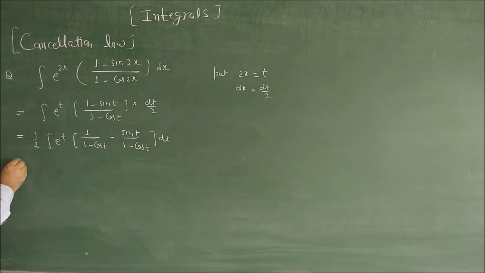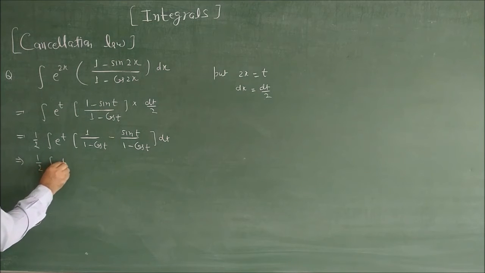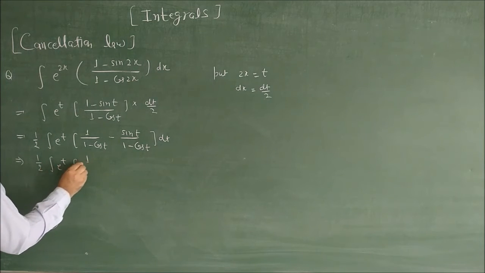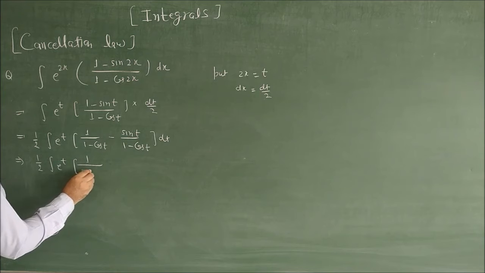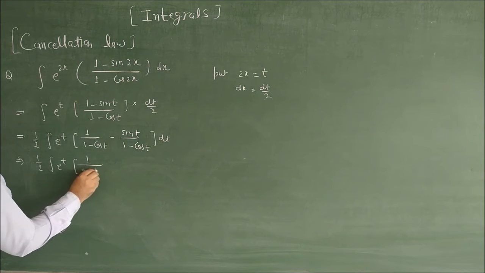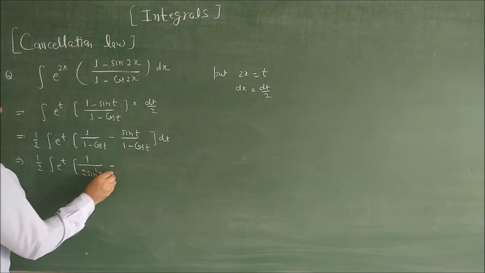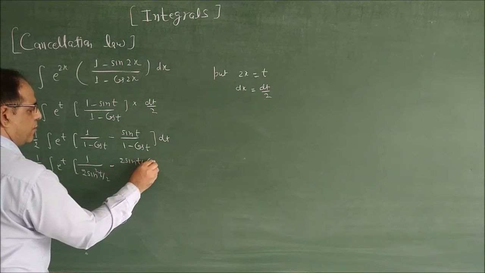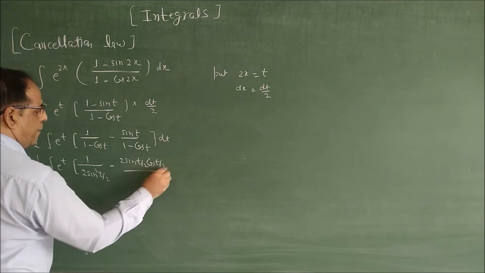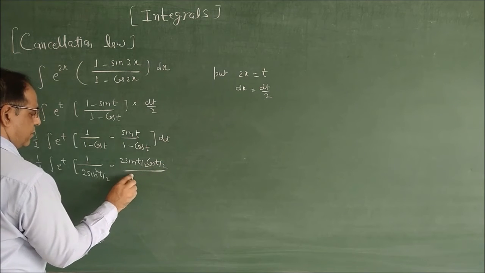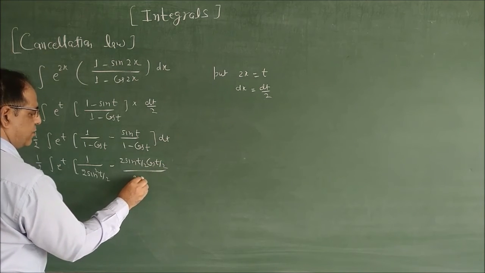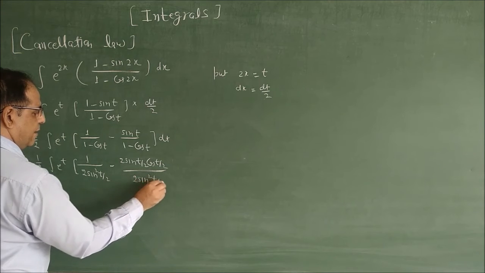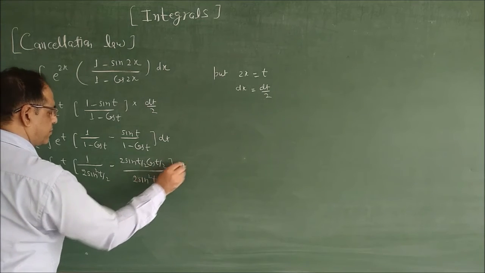Separate the denominator with both the functions of the numerator. 1 minus cos t can be written as 2 sin square t by 2. Sin t can be written as 2 sin t by 2 cos t by 2, upon 1 minus cos t, which is 2 sin square t by 2, dt.